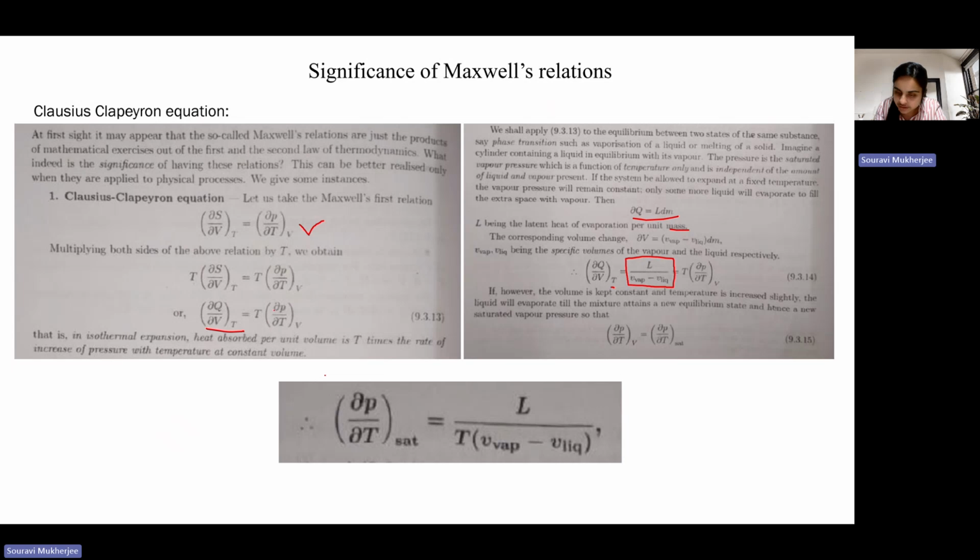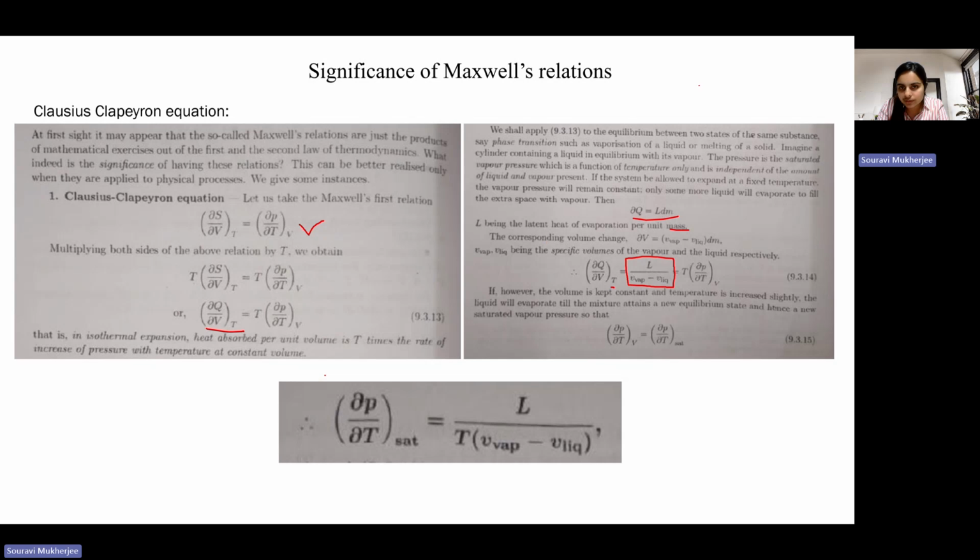You are gradually changing the temperature and your vapor pressure is also constantly changing. This is the heat absorbed per unit volume in an isothermal expansion where the temperature is fixed at that value. This is what the Clausius-Clapeyron equation is telling us, which is coming from the first Maxwell's equation.